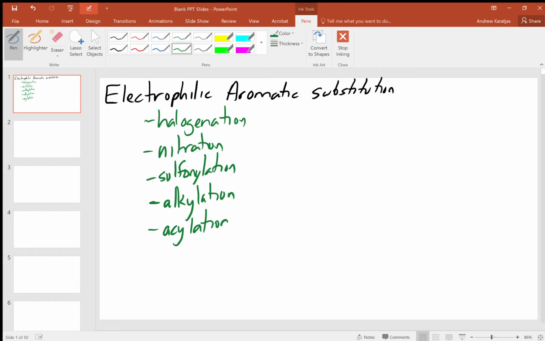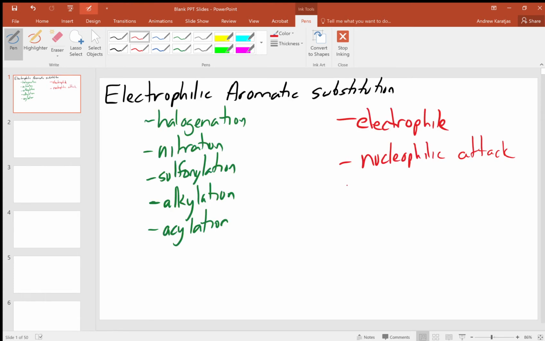Now, while this is a variety of different groups that we're going to be substituting on here, all of these reactions consist of the same 3 basic steps. Formation of a good electrophile, nucleophilic attack of the aromatic ring, and proton removal to regain aromaticity.